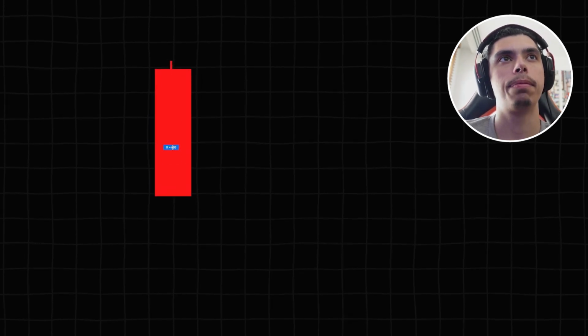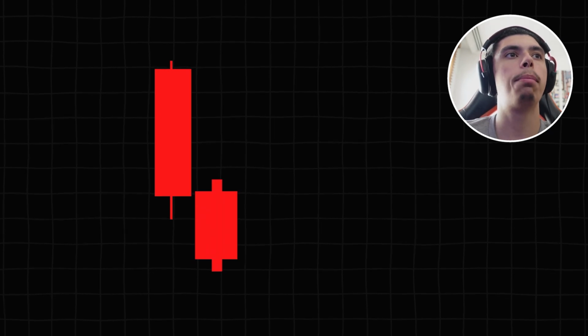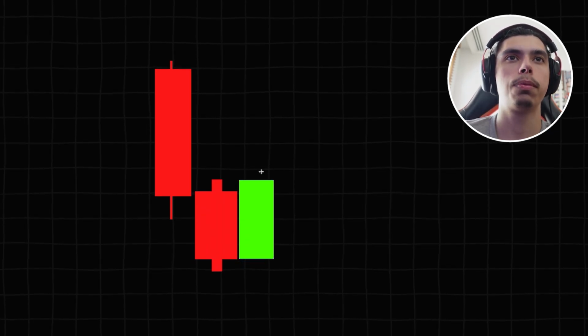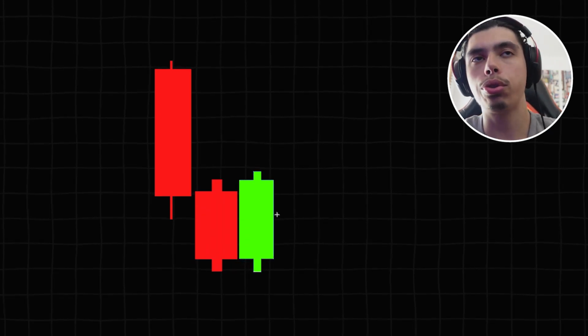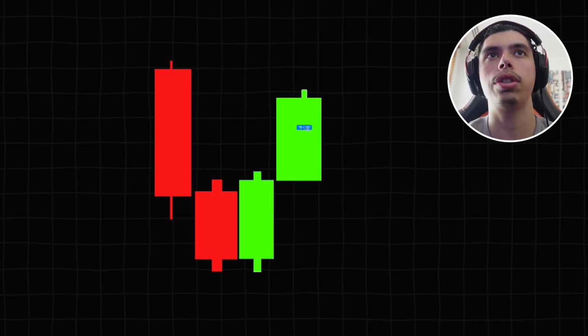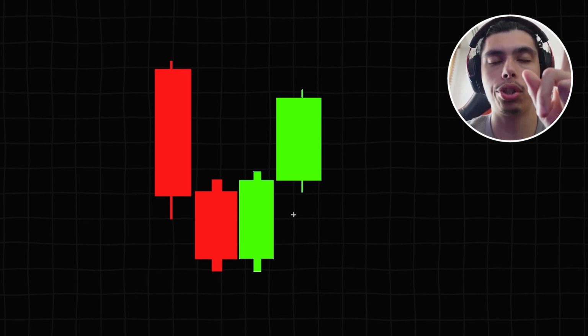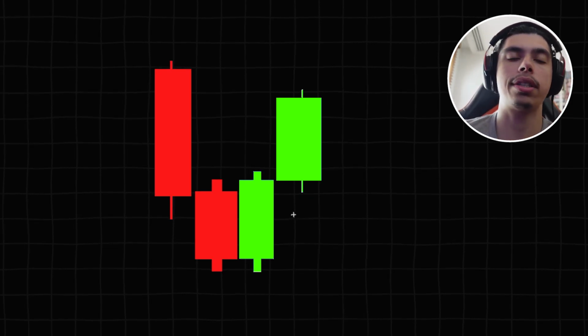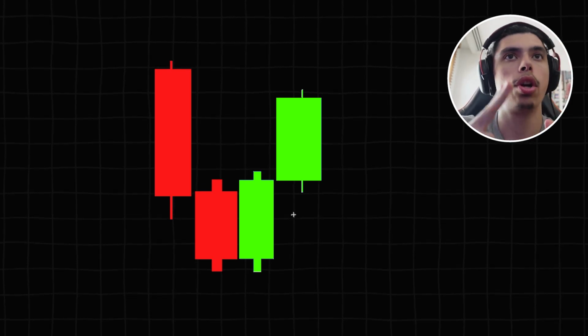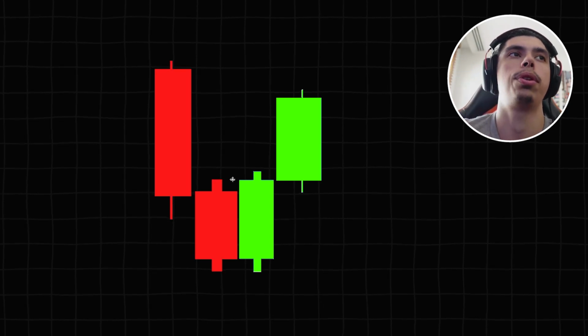To create a support, which is what market structure is built from along with resistance, you need a bearish candle, one or however many you want, followed by a bullish candle close. My rule of thumb is that two bullish candle closes create a proper structure point, while one bullish candle creates a support.